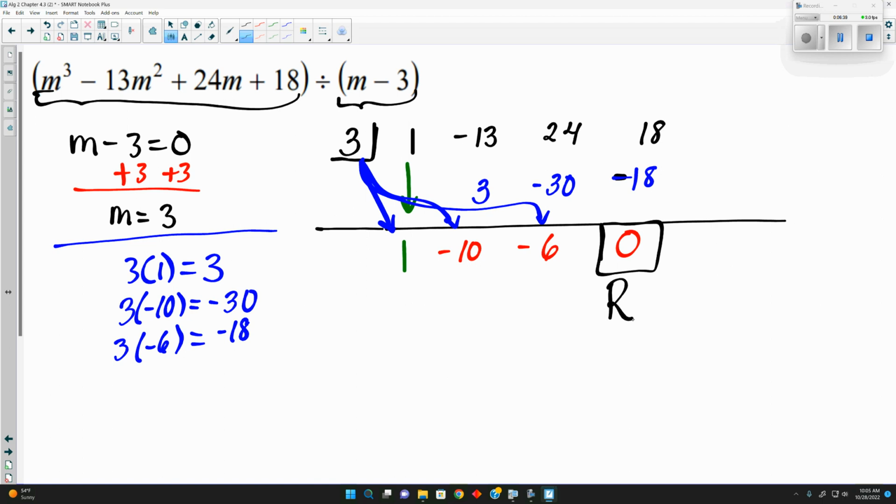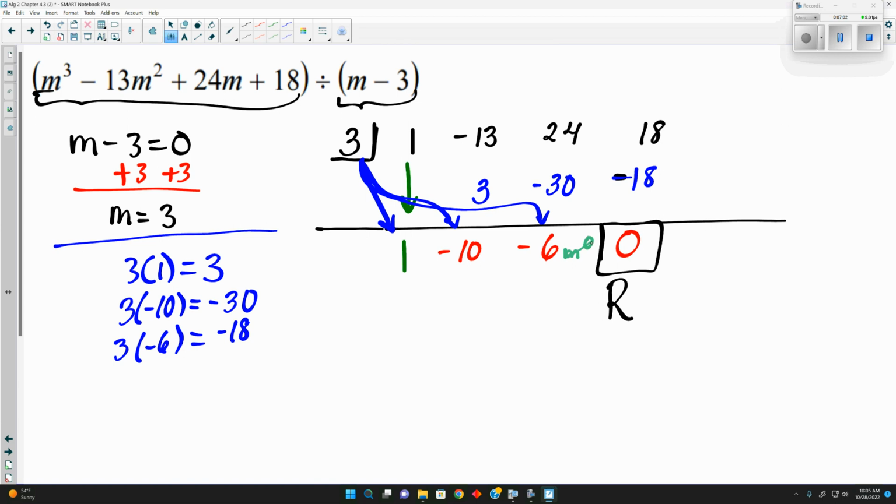Now we go back with the variables. The number immediately to the left of it is the constant term, the number without a variable. Or really, you don't have to write this, this here is really going to be m to the 0. Anything to the 0 power is 1. So we're just saying negative 6 times 1.